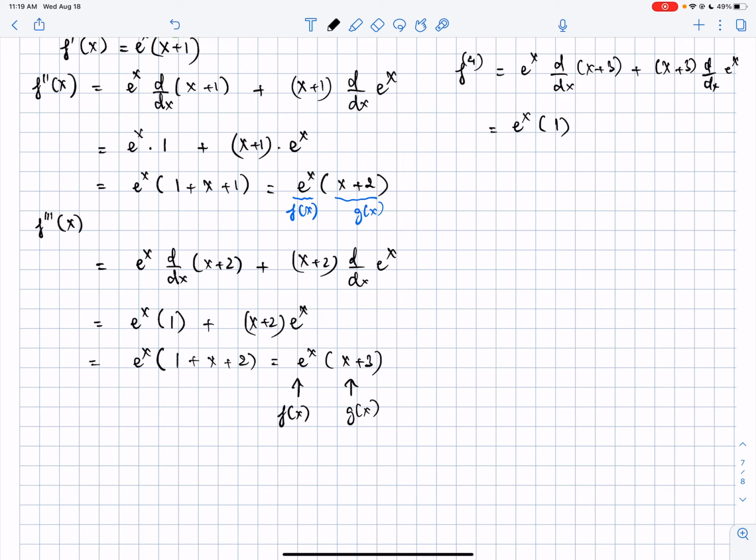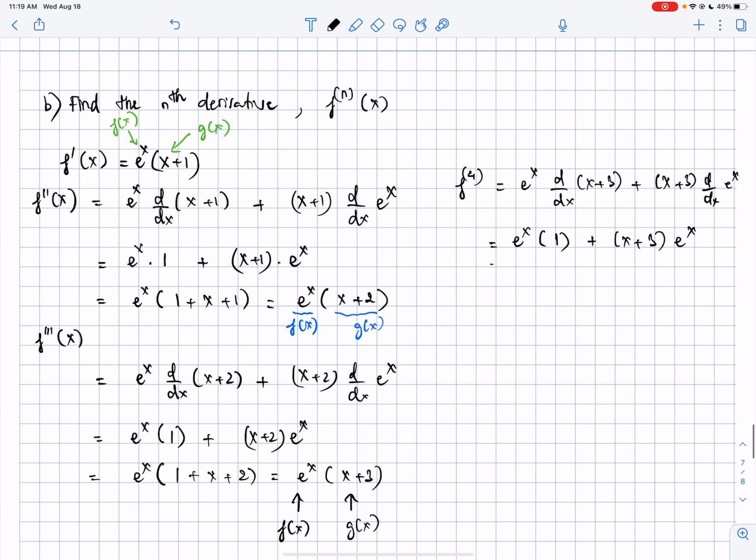The first derivative of x plus 3 is 1. The first derivative of e to the x is e to the x. We have e to the x as the same common term, so we can factor it out. So we get 1 plus x plus 3. Then e to the x times x plus 4.